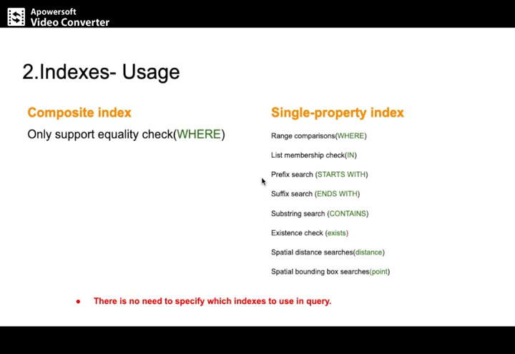For example, range comparison, list membership check, prefix search, suffix search, substring search, existence check, spatial distance search, and spatial bounding box searches. And in Cypher, there's no need to specify which indexes to use in a query. And now, Suchit will continue to talk about Cypher in neo4j.